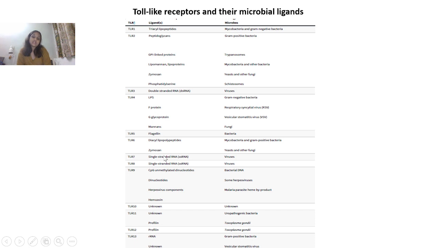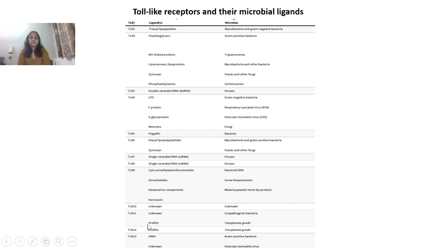TLR7 can recognize single-stranded RNA from viruses. TLR8 can also recognize single-stranded RNA from viruses. TLR9 can recognize CpG islands or unmethylated dinucleotides present in bacterial DNA and in some herpes viruses, as well as the malaria parasite heme byproduct known as hemozoin. TLR10 is currently unknown.